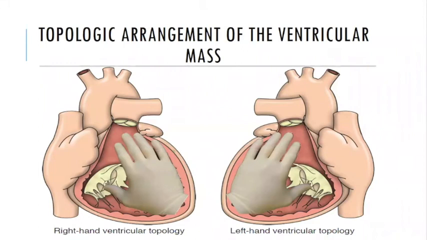When we say dextrocardia, routinely we assume that all the intracardiac structures are normal, but it may not be. If it's not, it's better to go with this topographic arrangement. That will give you more of a clue whether the patient has transposition, double inlet, double outlet ventricles, and so on.